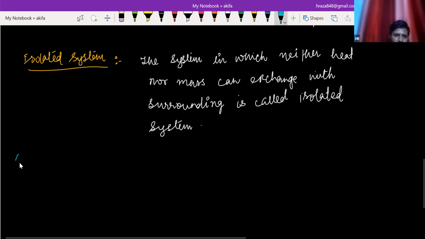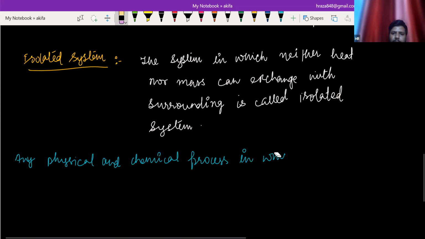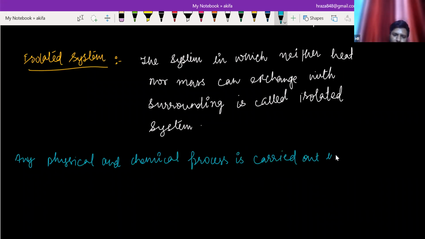And here you can see any physical and chemical process carried out in closed vessel with adiabatic wall. What is adiabatic wall?